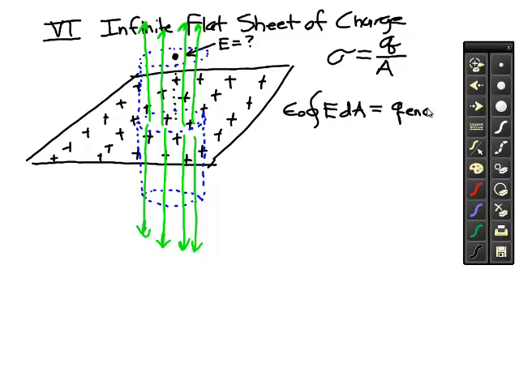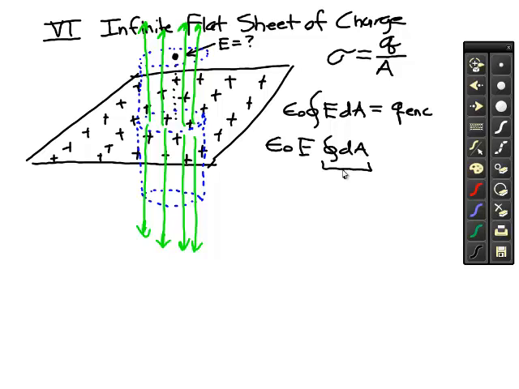So we're going to say, all right, the E is going to be the same, clearly, here and here, though in opposite directions. I wrote this in kind of an interesting way. What if we pull this out?